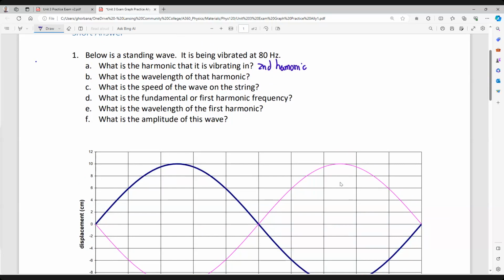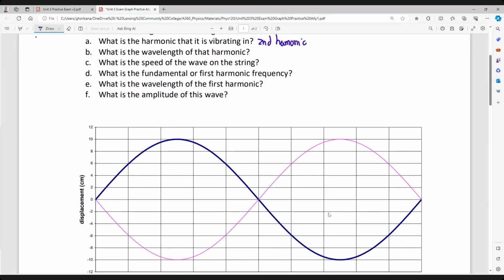We already know that each one of these loops is half a lambda. And what is lambda? Let's say we have this wave. This is just one complete lambda.